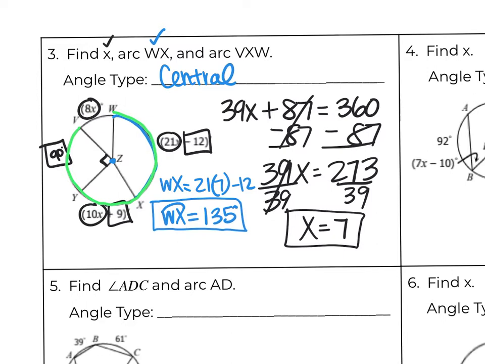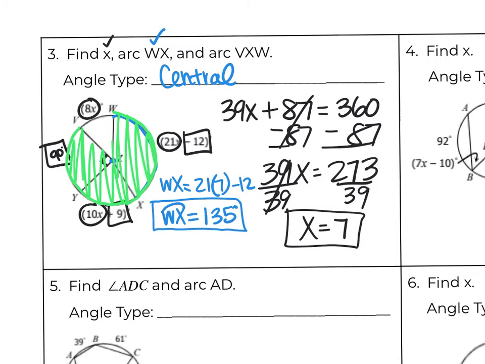There are 2 ways to do this one. Essentially I am looking for the distance all the way around that part of the circle. Any ideas? Christian? Divide 8? Don't divide. Plug x in for that. So 8x, plug in 7.